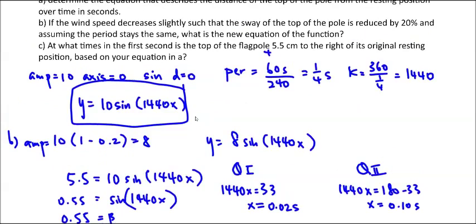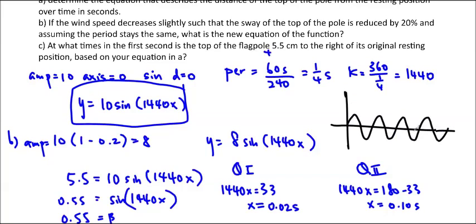If you think about how this looks, I know that my period is 1/4 of a second. So if I sketch that out, basically it's going to start at the top and then go up and down, up and down, up and down. In the first second, I expect to go, so this is 0.25, this is 0.5, here is 0.75, and here is 1 second.